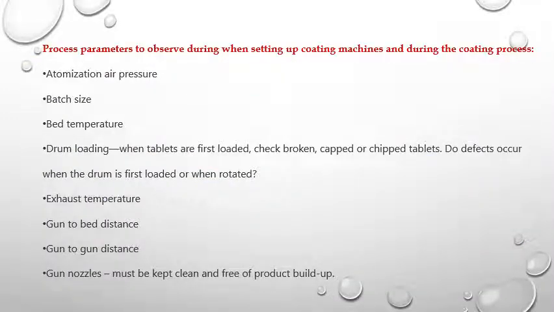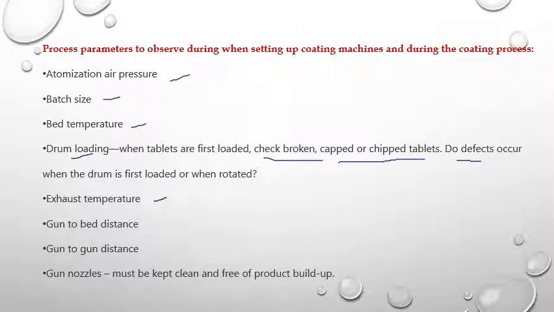Process parameters to observe when setting up the coating machine and during the coating process: atomizing air pressure, bed size, bed temperature, drum loading. When tablets are first loaded, check for broken, capping and chipping tablets. Do defects occur when the drum is first loaded or when rotated?